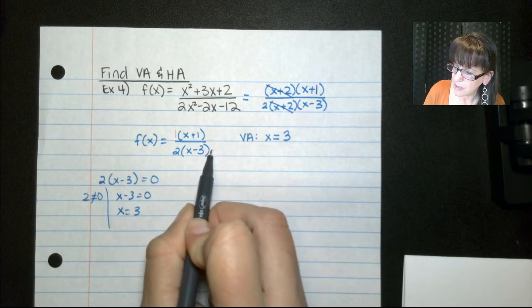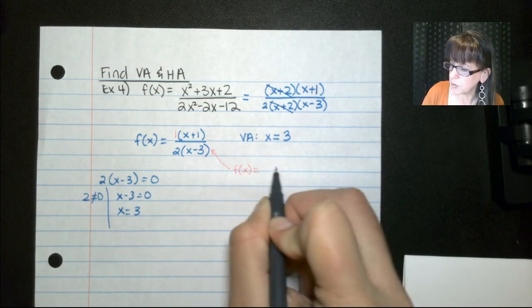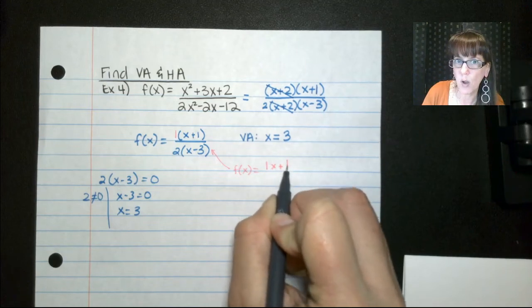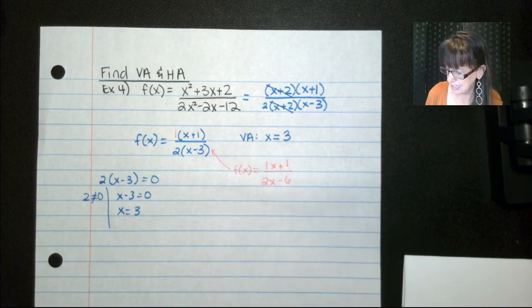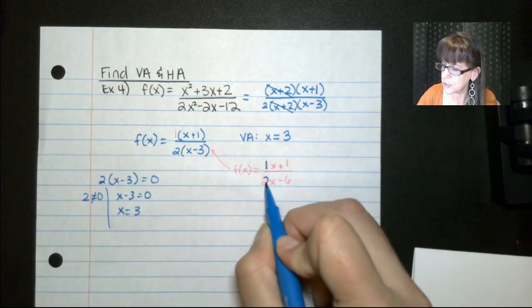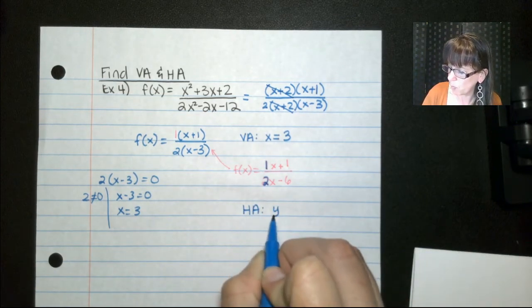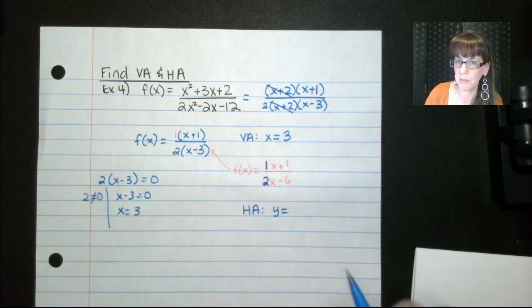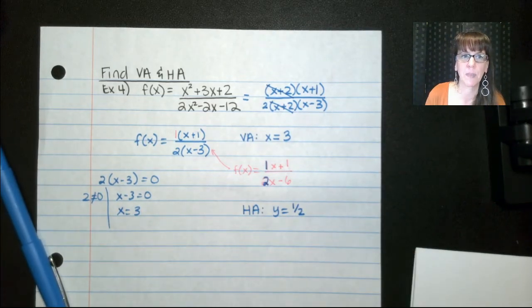So just so that we can see this a little better, I'm going to say f of x equals 1x plus 1 over, and if I distribute that, I get 2x minus 6. So you'll see those coefficients are 1 and 2. So for my horizontal asymptote, it's going to be y equals, divide those coefficients, I get 1/2. So let's take a look at what that guy looks like.